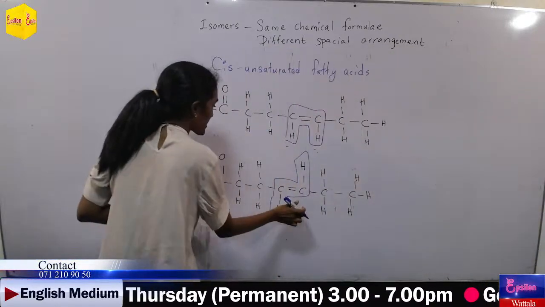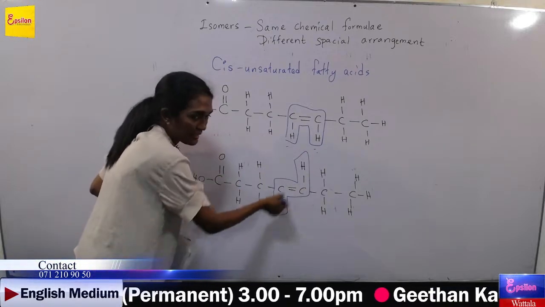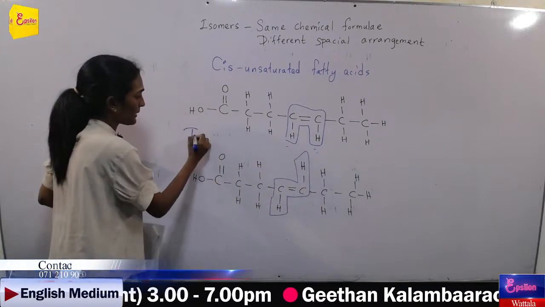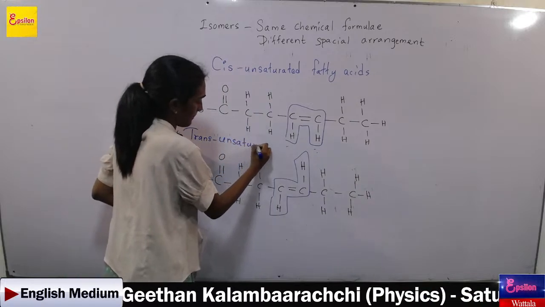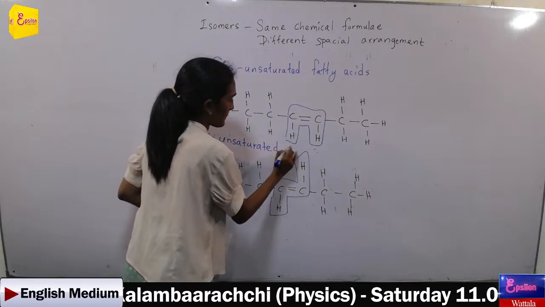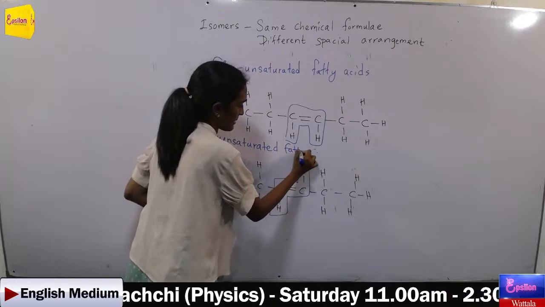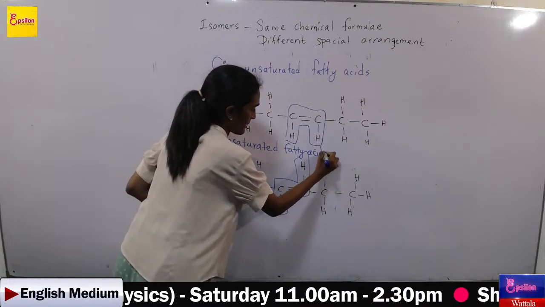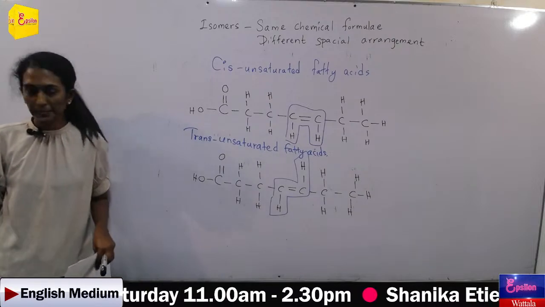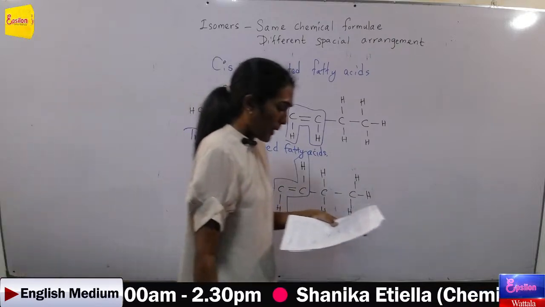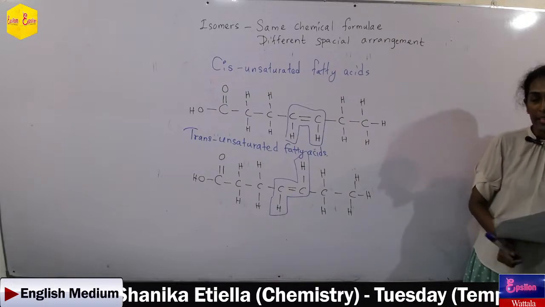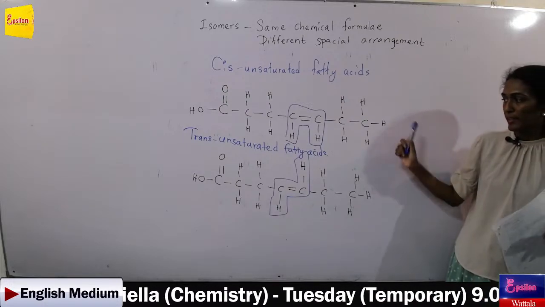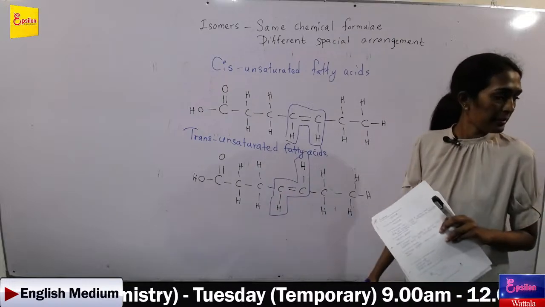Then this one, trans. So we call it trans unsaturated fatty acids. Highlight these two in your diagrams, and go to your writing book and write these two down.